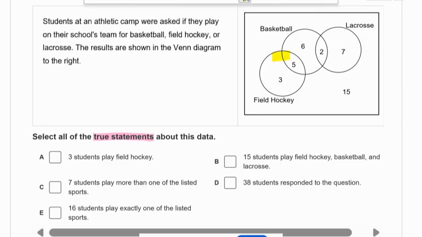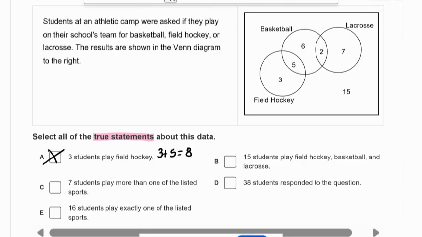So let's color in the field hockey set. I see that I've colored over the number 3 and 5. So actually, it should have been 8 students play field hockey. So we do not want to choose A because that is false.